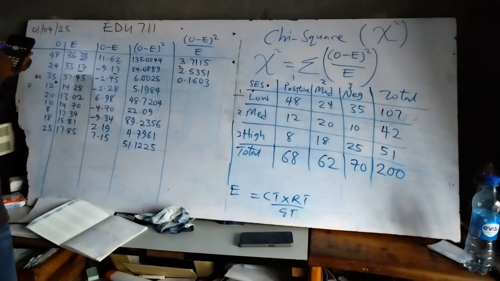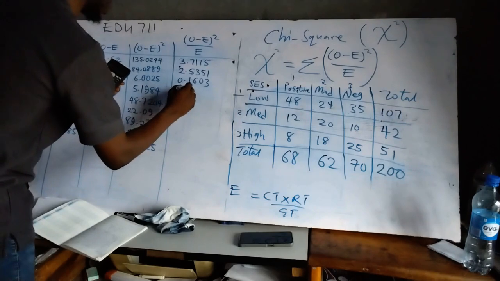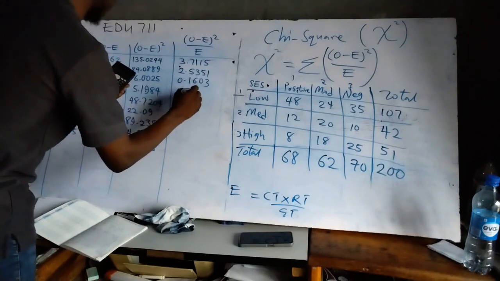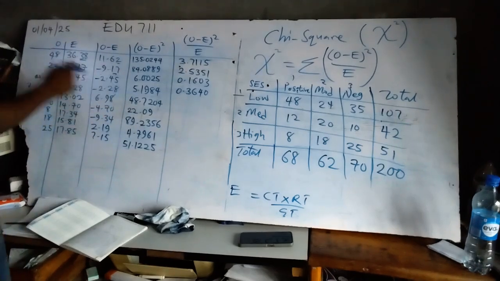Then 5.1984 divided by 14.28, that's equal to 0.3640.